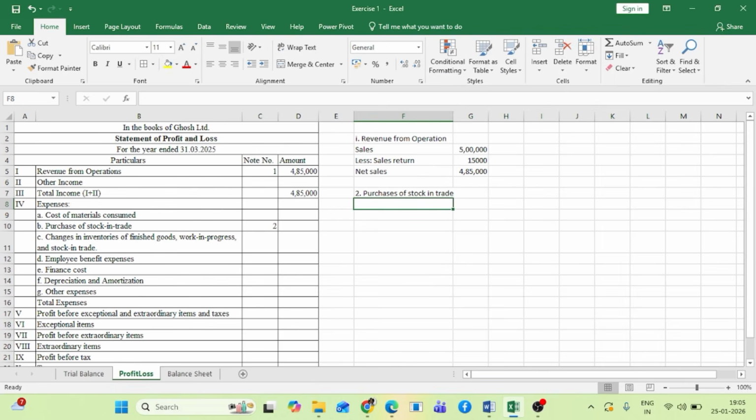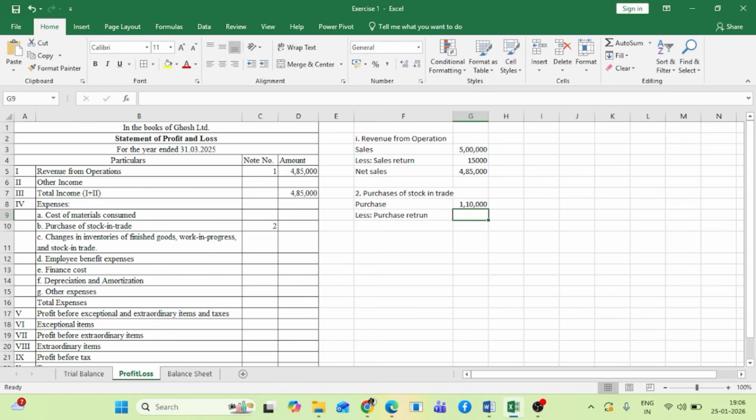Okay, so the second one is your purchase of stock in trade. Now here, what is the purchase value? The purchase amount is 1,10,000. Now along with the purchase value, I need to adjust the purchase return. So I will deduct the purchase return to find out what is the net purchase value.